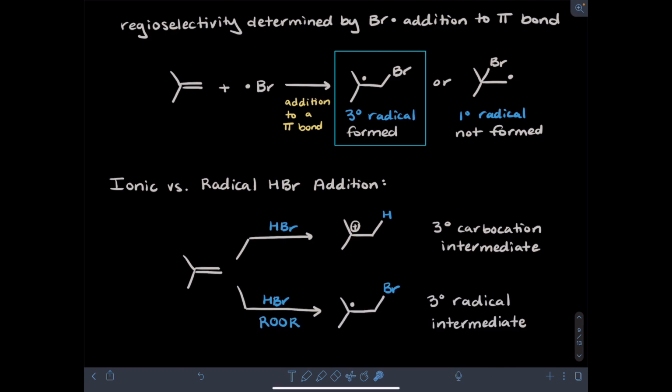In the radical mechanism, you're also thinking about making the most stable intermediate possible, but because it's a bromine that's adding to the pi bond first, the bromine gets added to the less substituted position, and you prioritize the stability and substitution of a radical intermediate instead. So in both the ionic and radical reactions, you're looking to form the most stable intermediate possible, and because the mechanisms are different, where you add the H versus the Br differs between these two reactions.